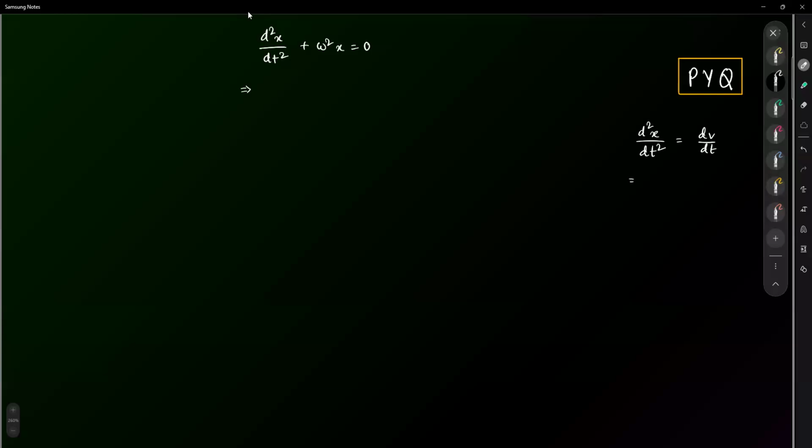Now, can I multiply the numerator and denominator by dx? So what I will get is dv by dx into dx by dt if I rearrange the terms. Now dx by dt is v. So this is v into dv by dx, right? So let us put v dv by dx plus omega square x equals to 0. That means v dv is equal to minus omega square x dx.